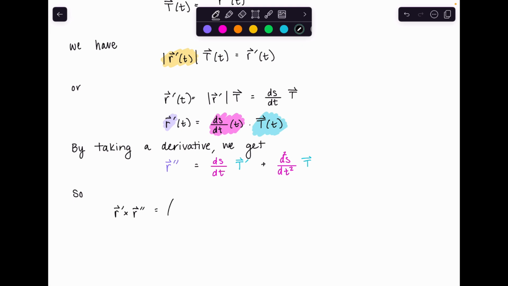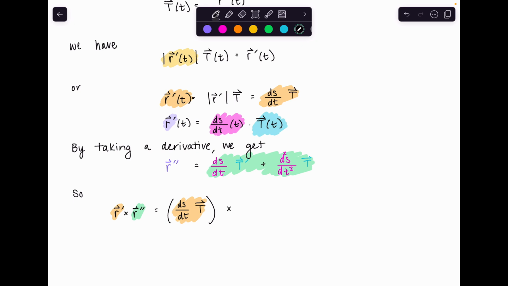R prime is ds/dt times T, exactly this from up here. And r double prime is exactly this expression I just found.